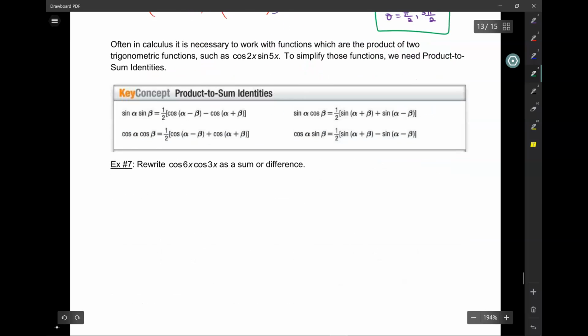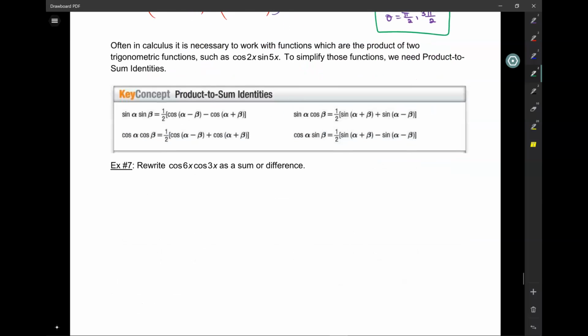All right. So now, product to sum identities. This shows up in calculus where you have cosine of an angle times sine of a different angle. This is the product of two trig functions with different angles.